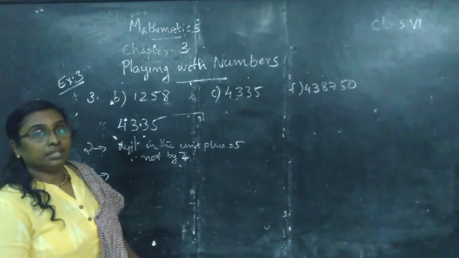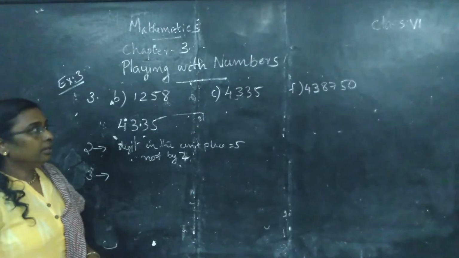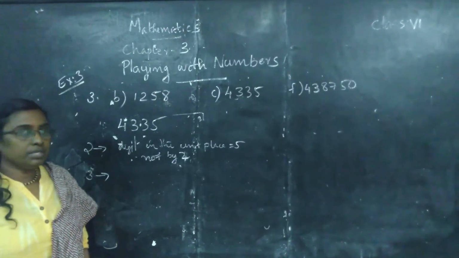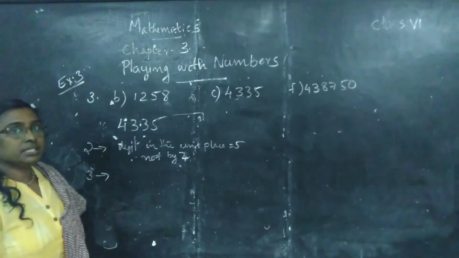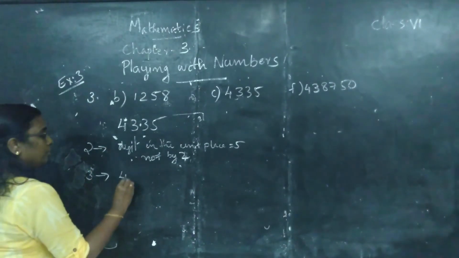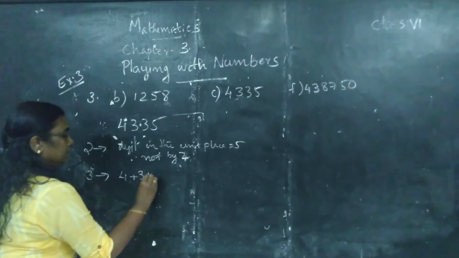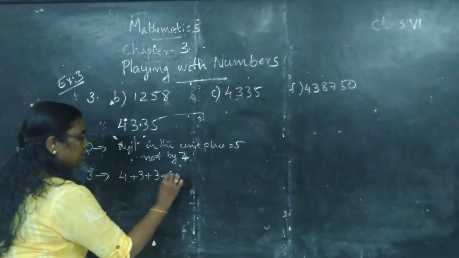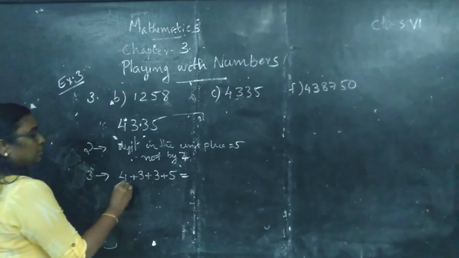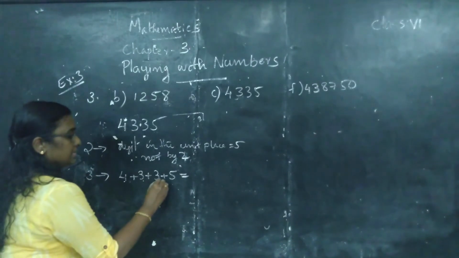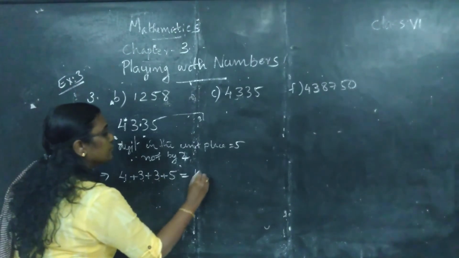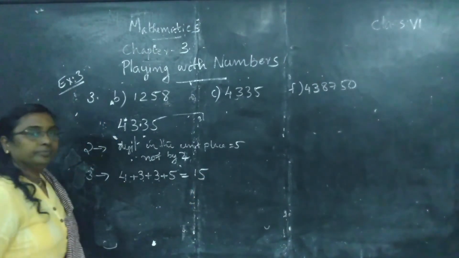Then we have to check divisibility by 3. In order to check the divisibility by 3, find the sum of digits. Sum of digits 4 plus 3 plus 3 plus 5. 4 plus 3, 7, plus 3, 10, plus 5, 15.